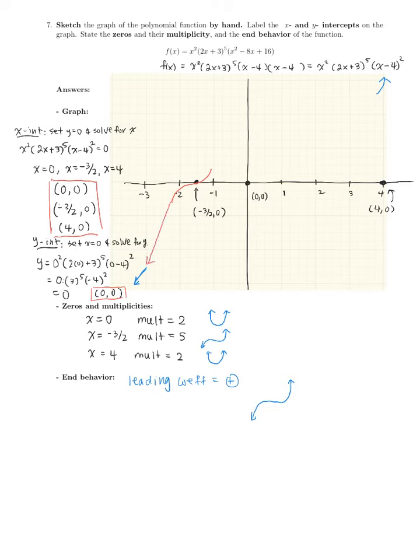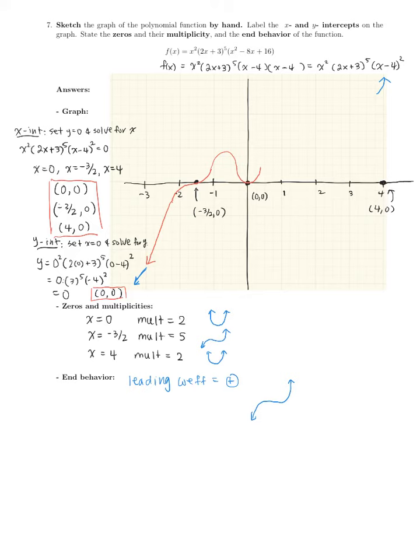All right, now let's go with x equals 0. We have a multiplicity of 2, and that's also the x-intercept and the y-intercept. So your assumption is what? The graph is going to do something like that over here. All right, so my guess is this is going to connect like this somehow. And then now let's go with when x is 4 and the multiplicity is again 2.